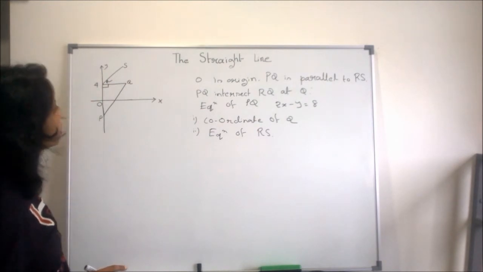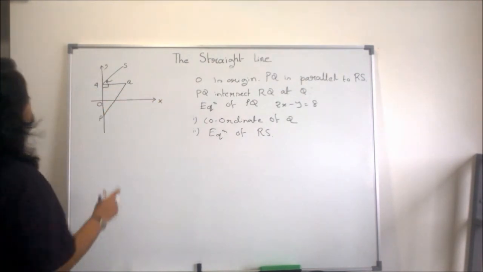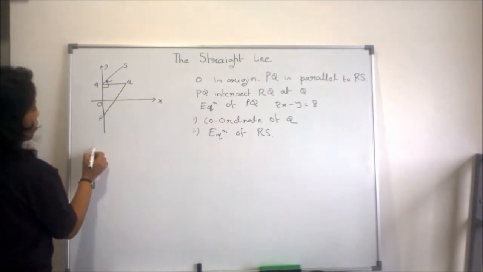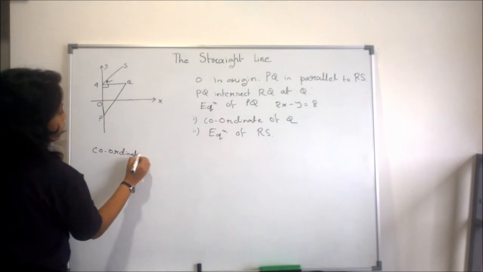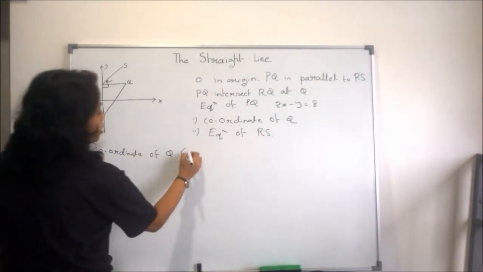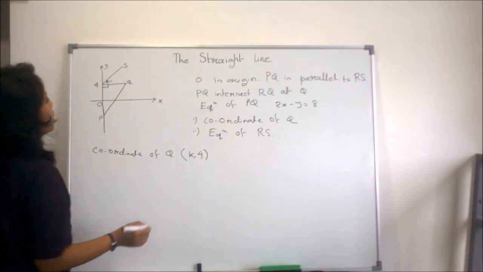So here we can say that the coordinate of Q will be of the form (k, 4). Why?